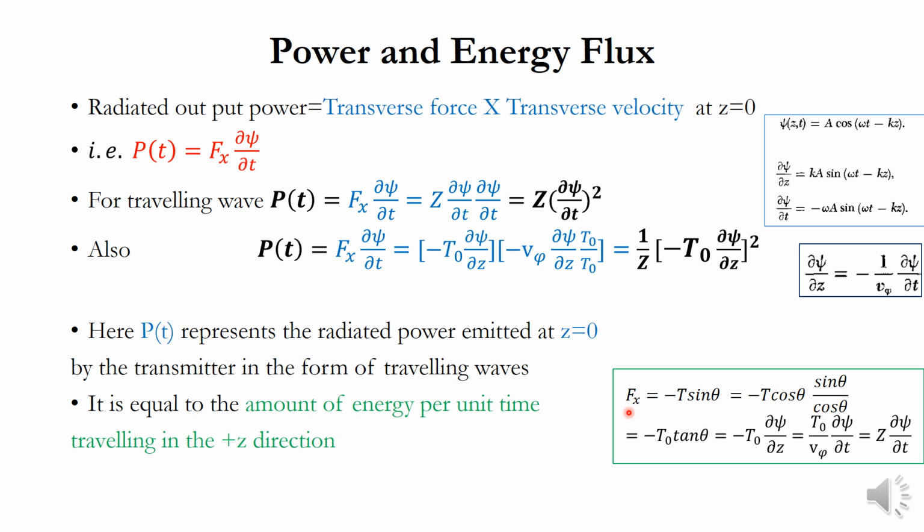The transverse force is equal to minus T sine theta, where theta is the angle from the horizontal, so that Fx equals minus T sine theta, which can be written like this: cos theta by cos theta is added here, that is minus T cos theta sine theta by cos theta.